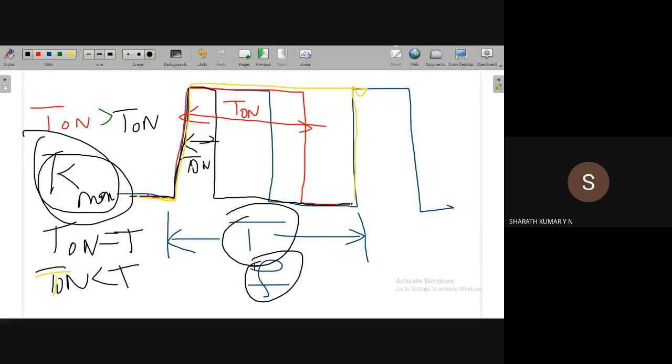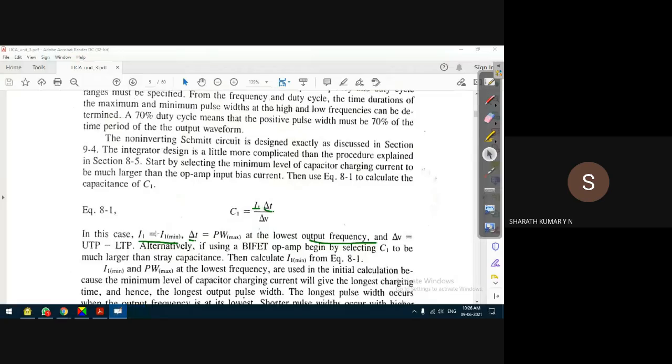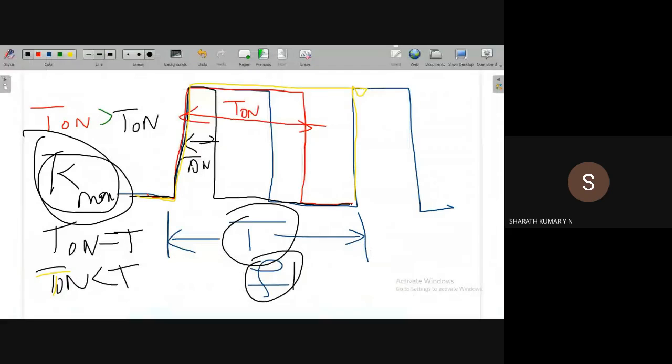That means for the least frequency. Delta t is calculated for the lowest output frequency. What is the meaning of lowest output frequency? If frequency is lowest, time period will be maximum.